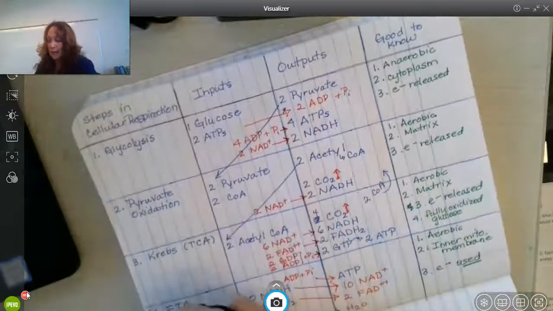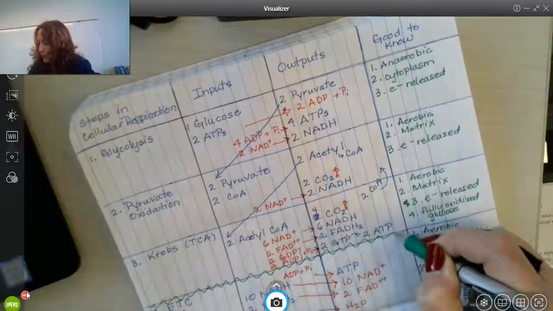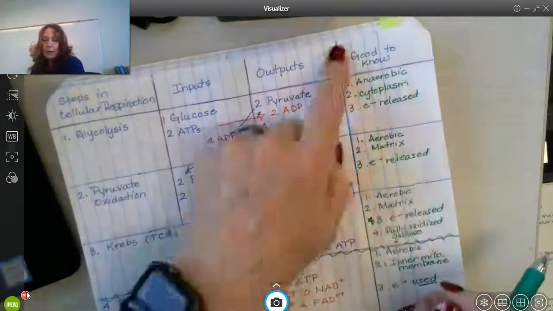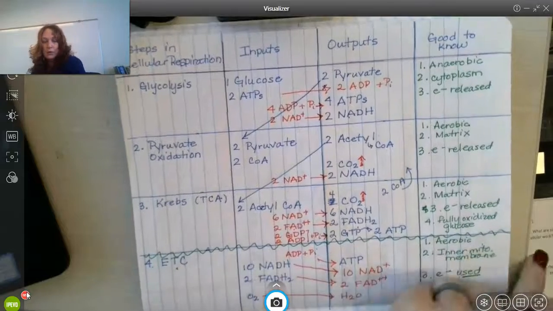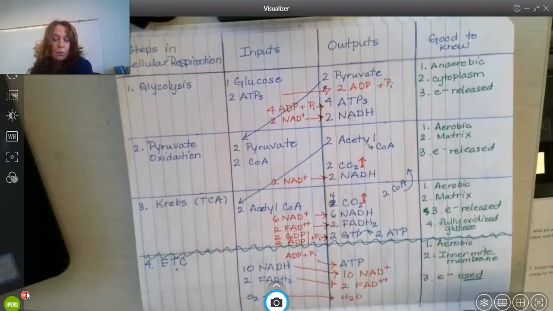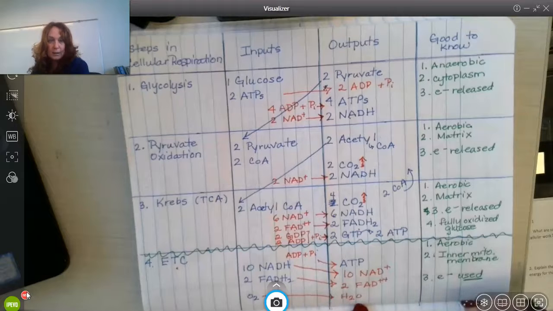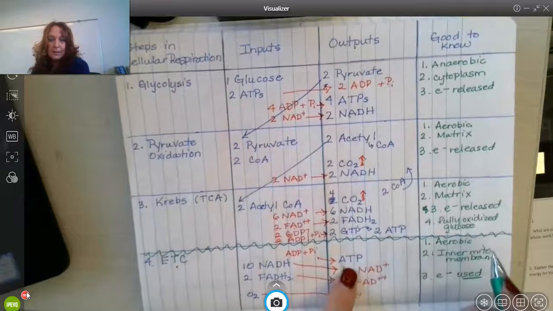All you've got when you get here is, hey, I've got all these electrons that I've collected. Okay, bring them here and let's run them through. And then we'll use them to build the hydrogen ion gradient, and we'll let ATP synthase make gobs of ATP.